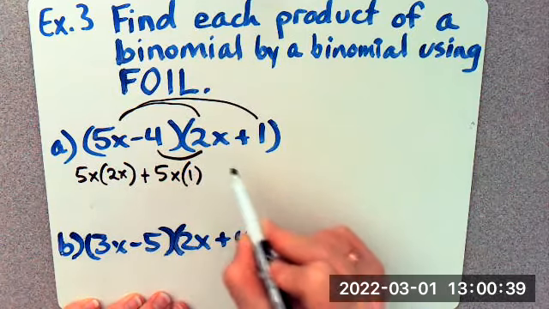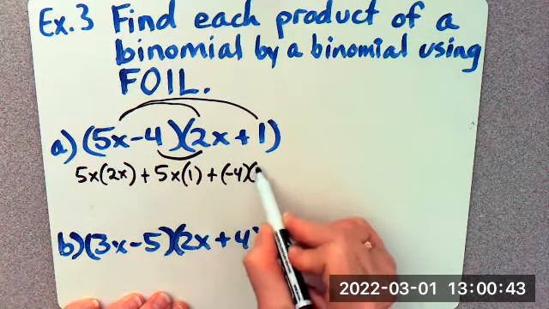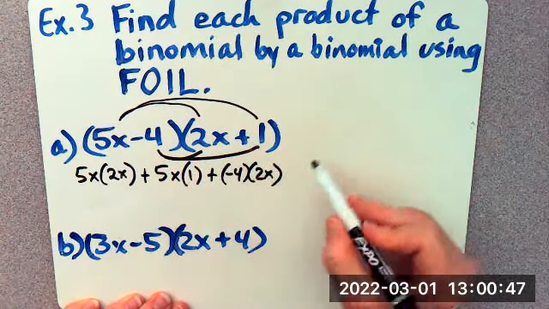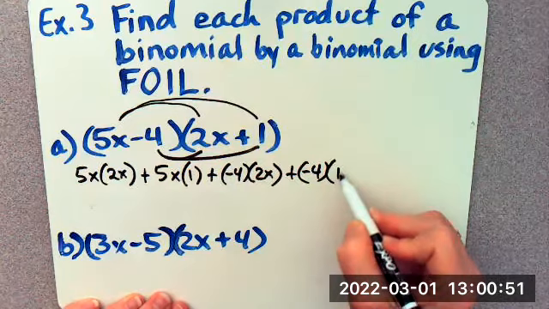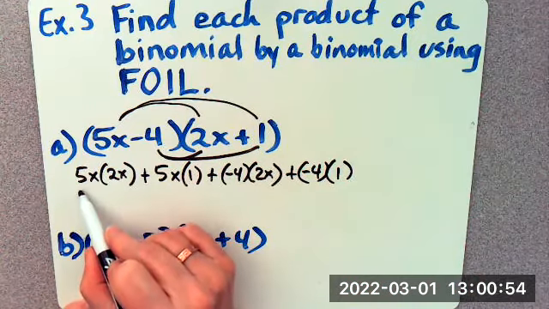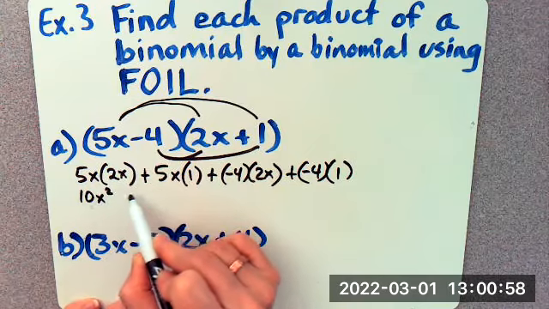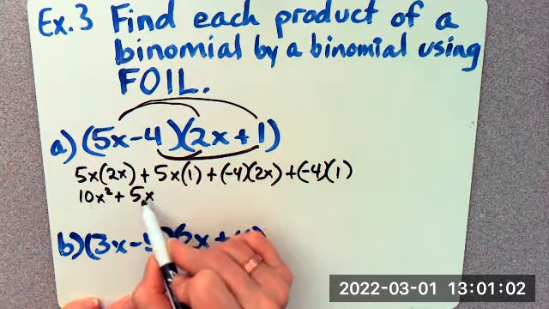Now the inner ones, so we have -4 times 2x, and the last ones, -4 times 1.